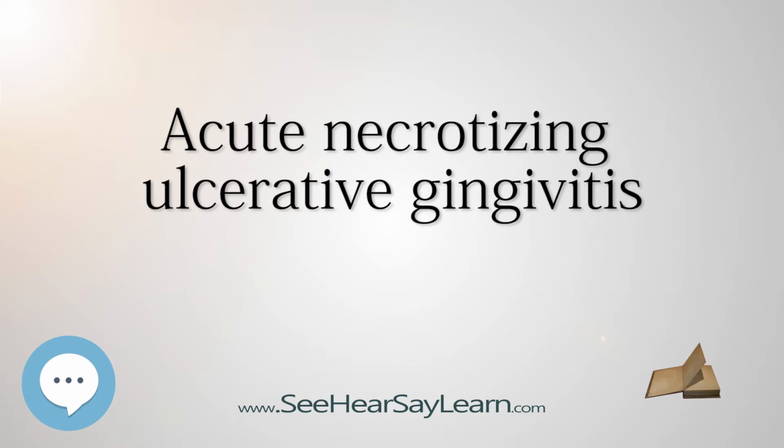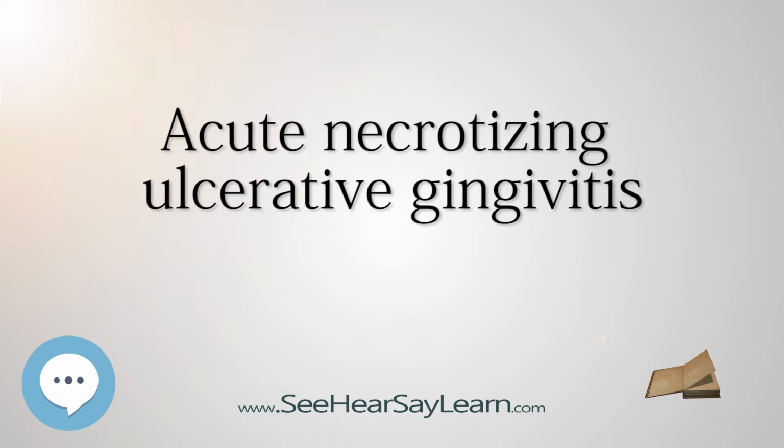The often severe gingival pain that characterizes ANUG distinguishes it from the more common chronic periodontitis, which is rarely painful. ANUG is the acute presentation of necrotizing ulcerative gingivitis, NUG, which is the usual course the disease takes. If improperly treated or neglected, NUG may become chronic and/or recurrent.